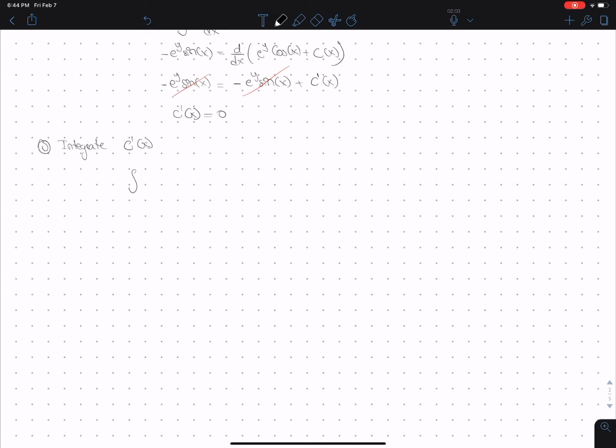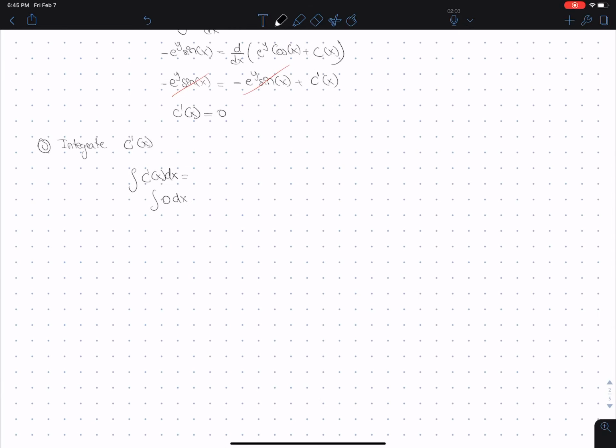Therefore, the integration of c prime of x in terms of dx is going to be equal to the integration, since we have 0, of 0 dx, and we know that the integration of 0 in terms of dx is going to be equal to 0, a constant plus a constant, basically. It's going to be equal to 0.